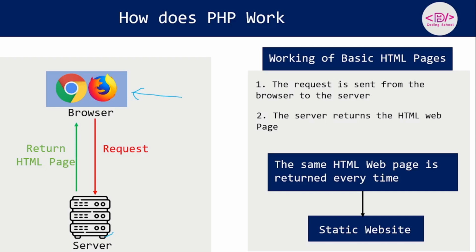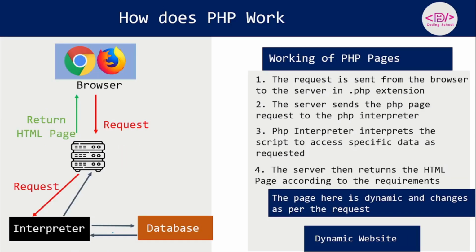Okay, so since we have understood the basic working of an HTML website, let's now compare it with the basic working of a PHP website. Take an example like Facebook, Instagram, or YouTube, all those applications where the content is changing very fast.